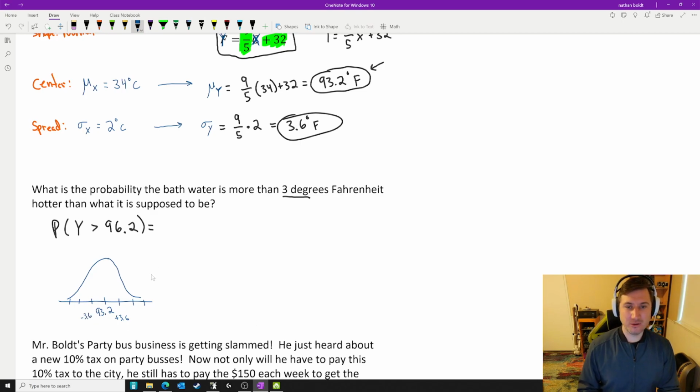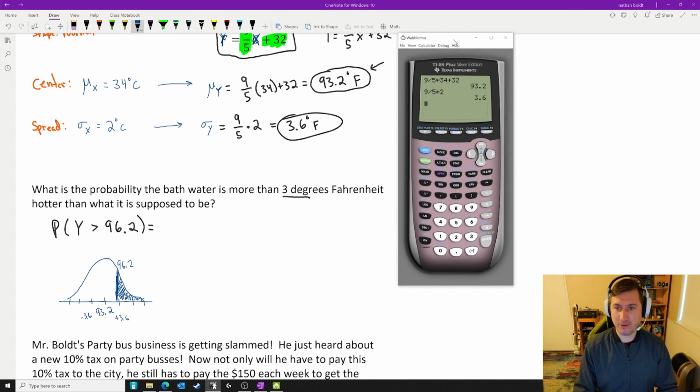And I want to know the chances that it is above 96.2. So somewhere over here is 96.2, and I want to find the area to the right. That's my normal CDF here. So I'm going to come over to my calculator.